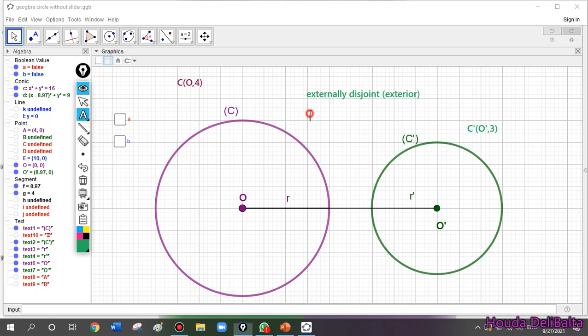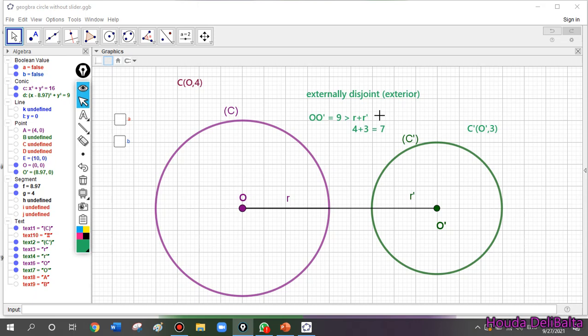So the distance between the center O and the center O prime is 9 centimeters. That distance is greater than the sum of the radii, because the first radius is 4 and the second radius is 3, and their sum is 7. We notice here that 9, the distance between the centers, is greater than the sum of the radii.